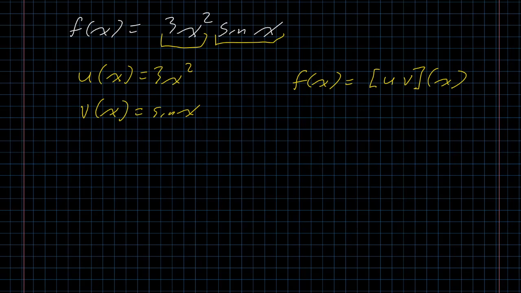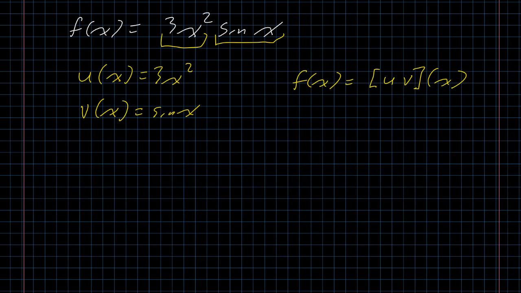I want you to be able to look at the result, 3x squared sine x, and immediately your mind says, oh, that's two things multiplied together. This is a lot trickier, not because it's that much more difficult, but because it's that much more flexible.